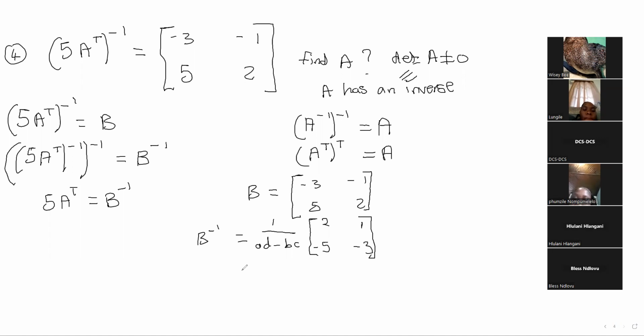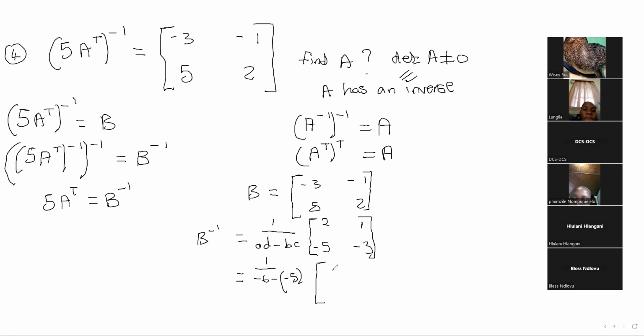Right, and then the original AD here is minus 2 times 2, which is minus 4. Wait, in this case it is minus 6, minus BC, which is minus 5.